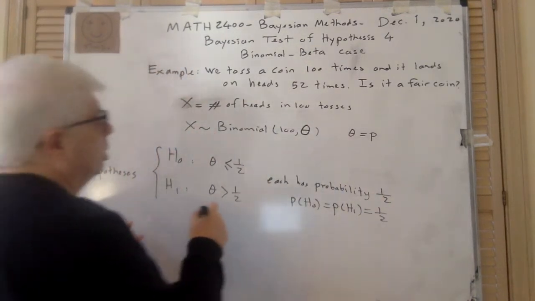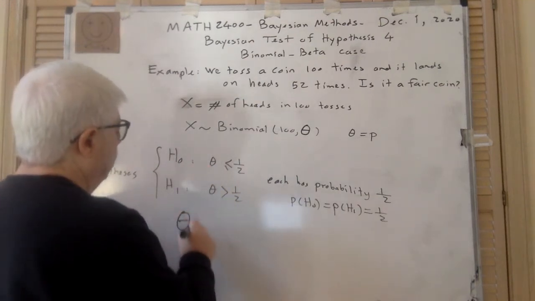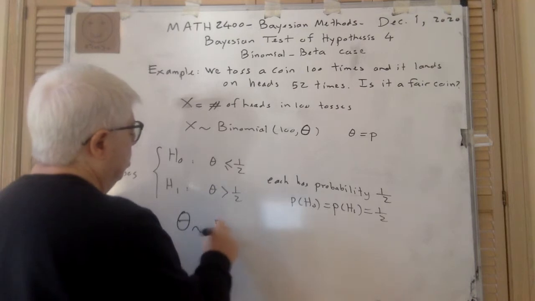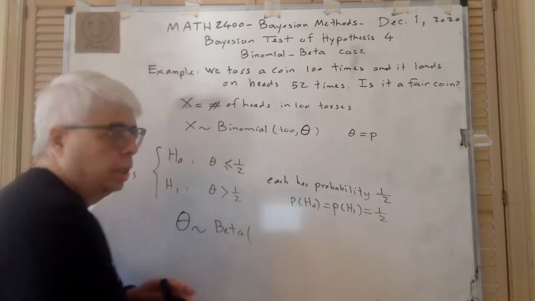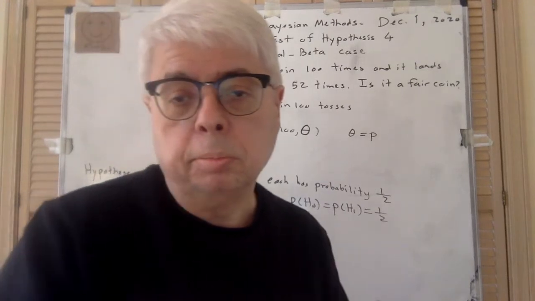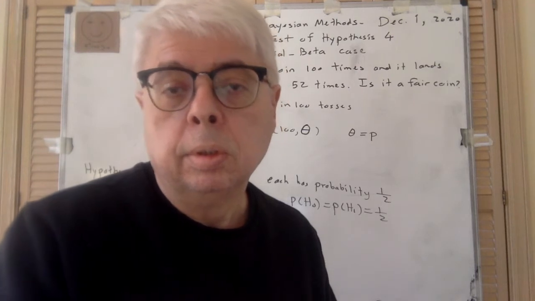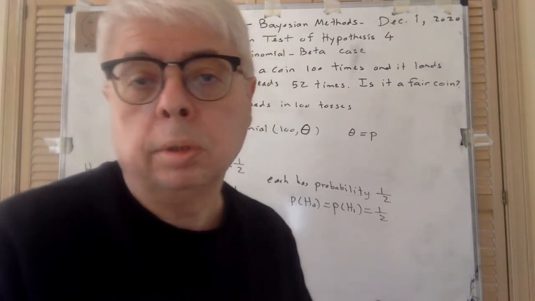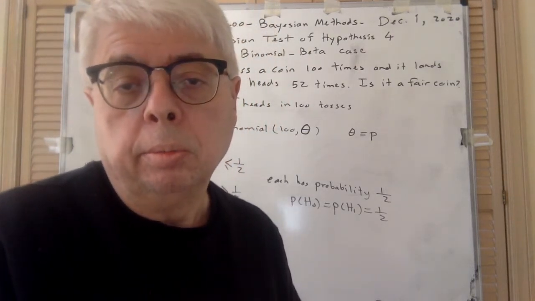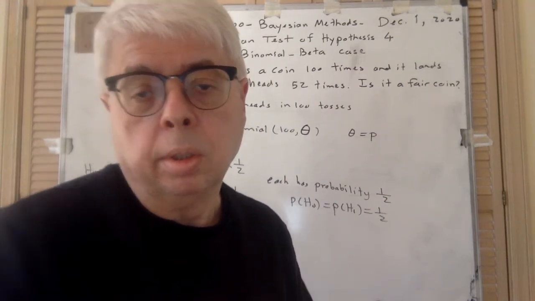And I make this assumption that theta itself has beta distribution, and I chose what did I choose? I can't remember what I chose here. Beta 3.